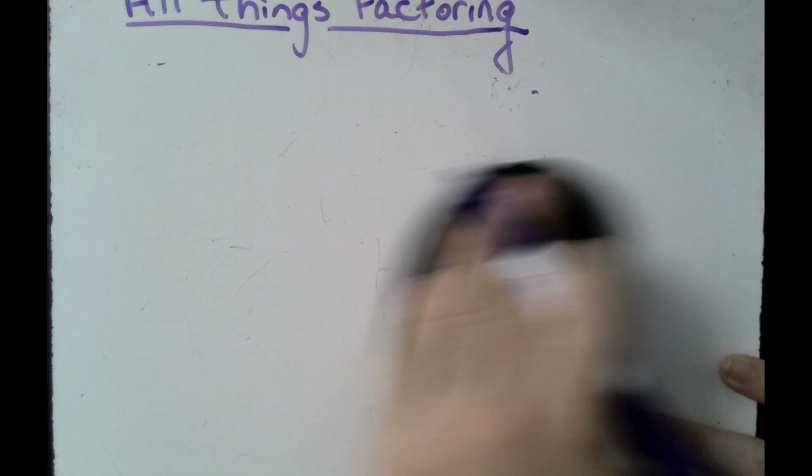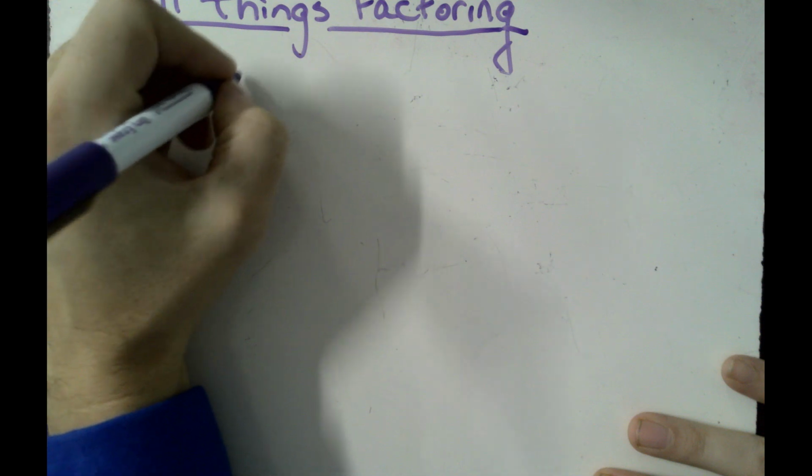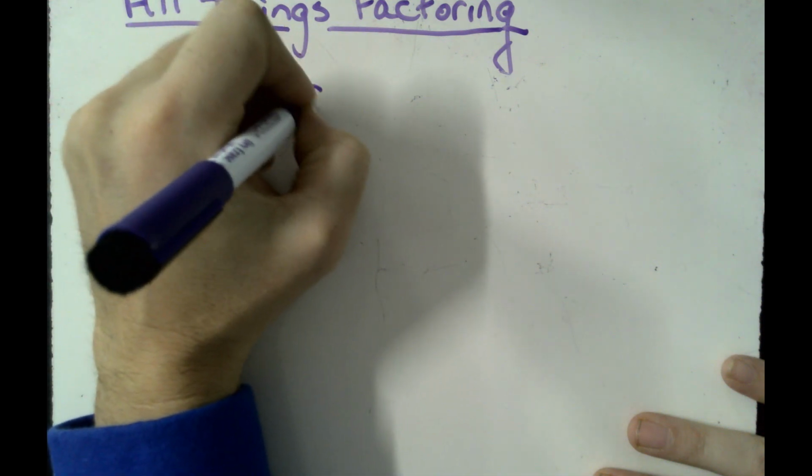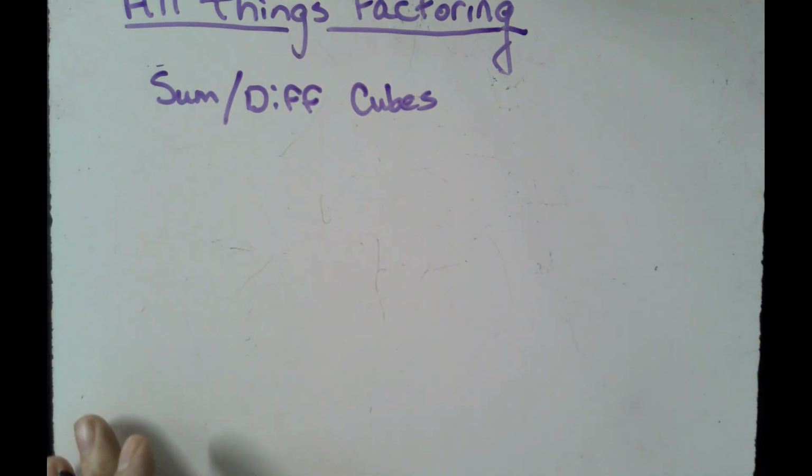This now takes us to our last form, which is the sum and difference of cubes. So this one is very similar to what we just did in difference of squares, but in this case, we have two situations. It's not just the difference of cubes.